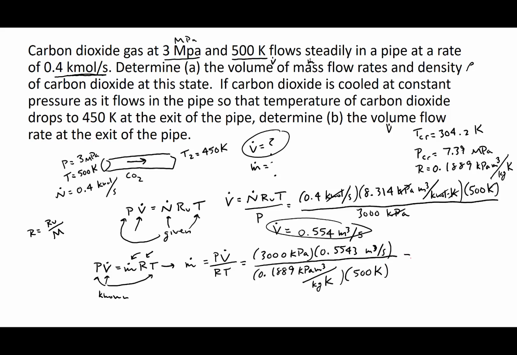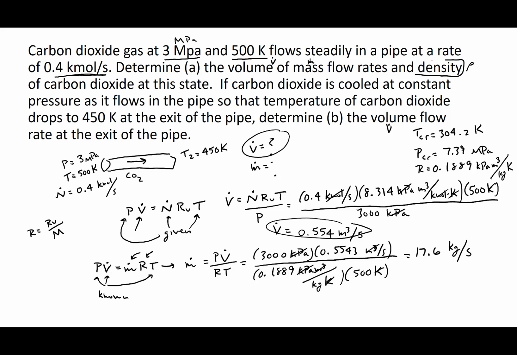So now let's cancel some units. The kilopascals cancel, the meters cubed cancel, and Kelvin cancels, and we're left with kilograms per second, which is what we want. So this is equal to 17.6 kilograms per second.